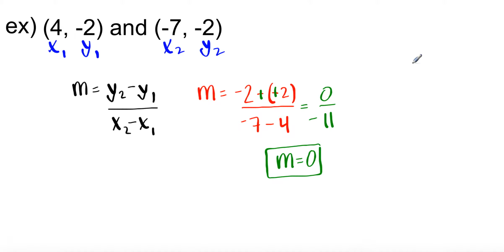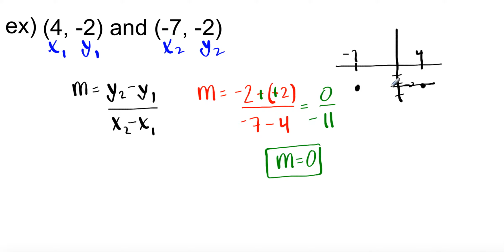So if we were to graph those 2 points, just a quick sketch, here's (-7, -2), and here is (4, -2).